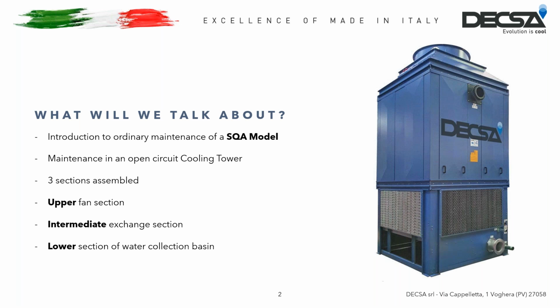Ordinary maintenance activities are performed when machine downtime is foreseen, and this is assured by the needs of those who manage the plant. If we talk about a plant that serves air conditioning, the unit is operational for about 8 months per year, so the remaining period can be used to carry out all the checks and any extraordinary maintenance.